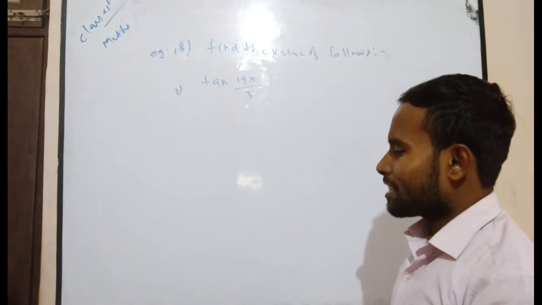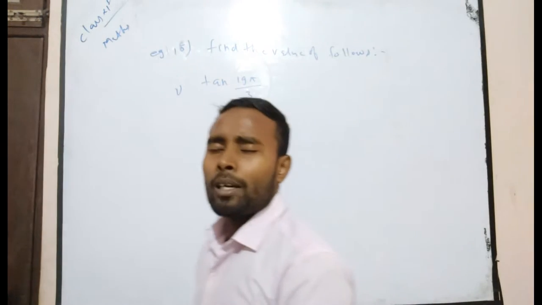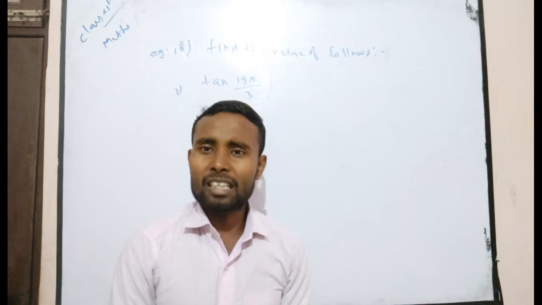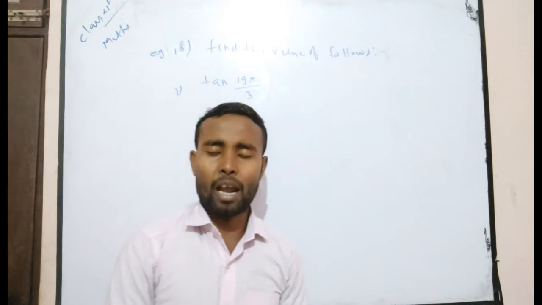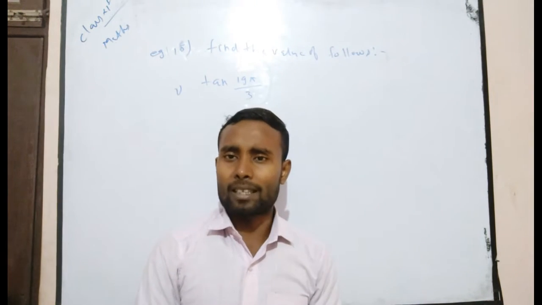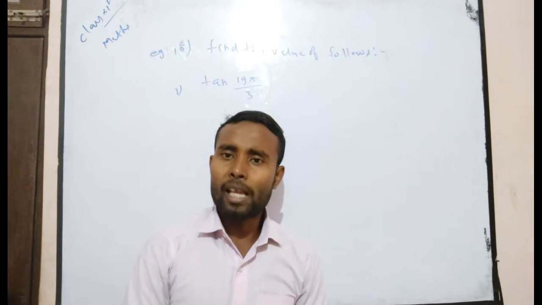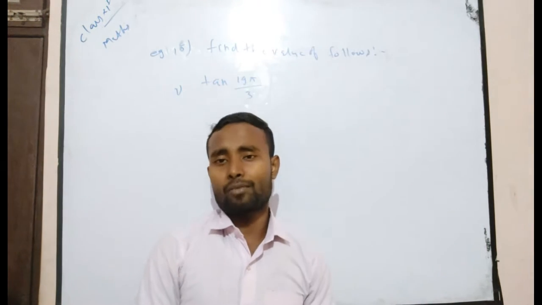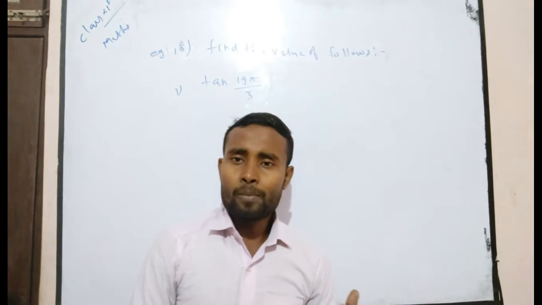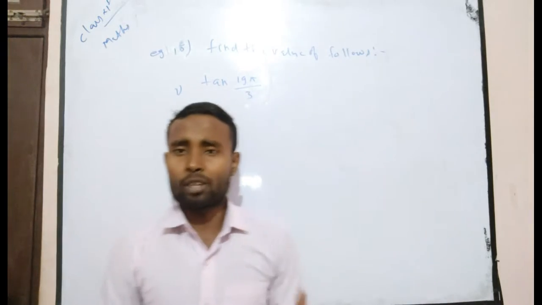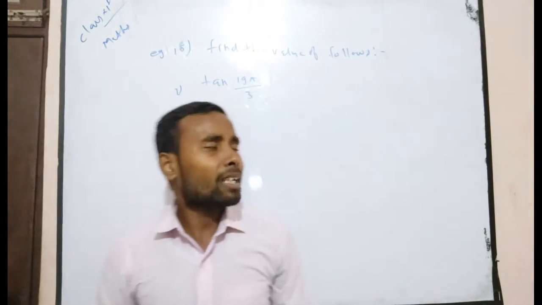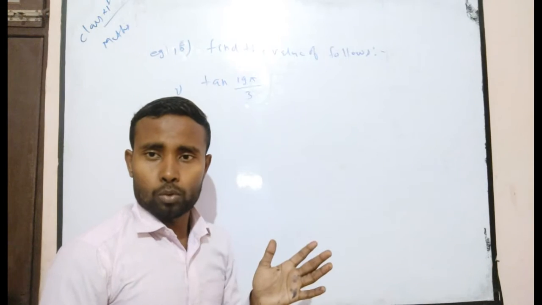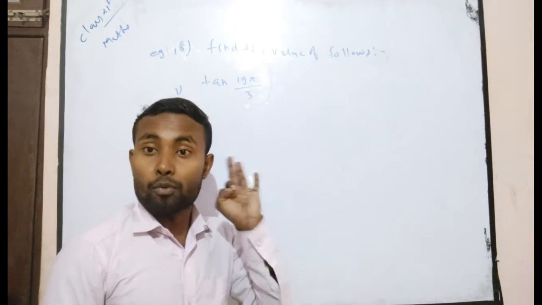In the previous class, in class 10th, you learned how to find the values of trigonometric functions at 30, 60, 90 and 45 degrees with the help of geometry. With the help of geometry, you can show the value of any trigonometric function of 0 degree, 30 degree, 60 degree, 45 degree, 90 degree, etc. But you have to find the value of 19 pi by 3, which is equal to 1140 degree.